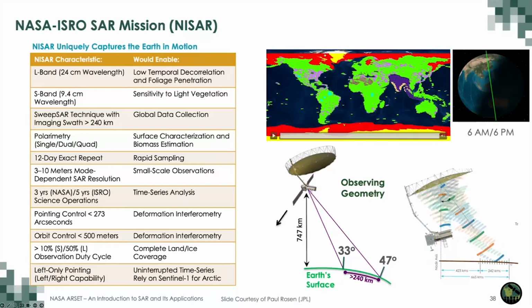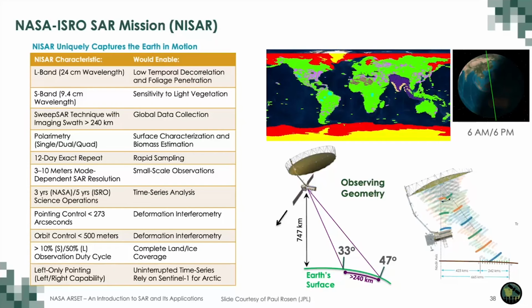So that means that it's going to lose coverage of the very northernmost part of Greenland and some of these other islands in the Arctic, but it's going to gain coverage of almost the entire continent of Antarctica, with only a very small hole near the South Pole. So that's going to be a new capability that is not available from other SAR satellites.